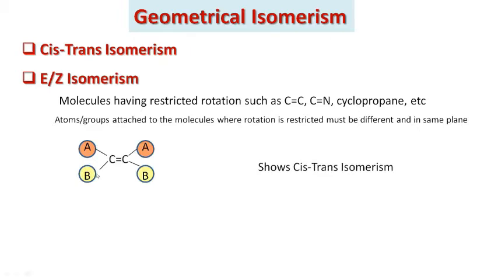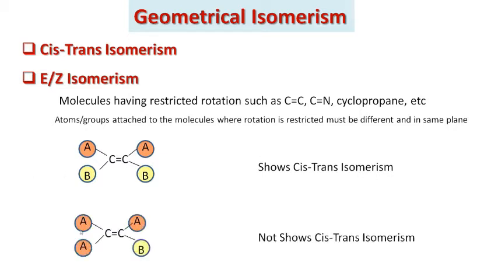For example, AB type substituent groups are attached to these carbon atoms, and this type of molecule shows cis-trans isomerism. However, a molecule which has the same type of atoms attached to any of the carbons of the double bond won't show cis-trans isomerism.